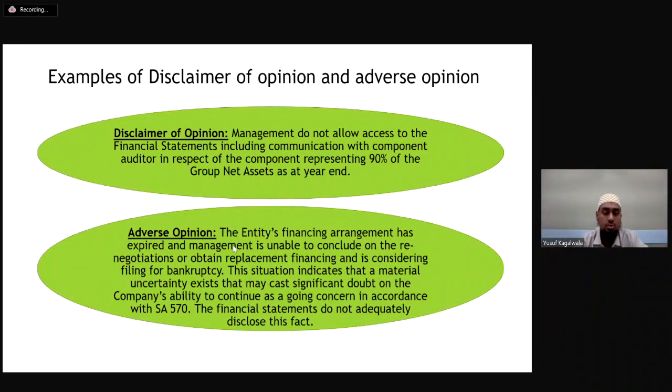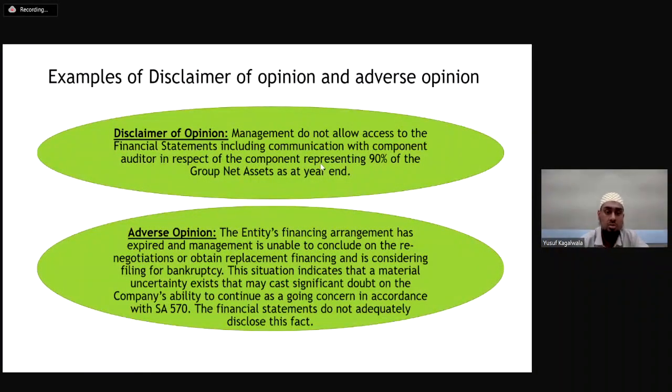Or there may be material misstatements in so many areas, where we have got the information and material misstatement has been identified in multiple areas, and then we can conclude that there's an adverse opinion. This example has been taken from the standards on auditing which ICAI has issued.